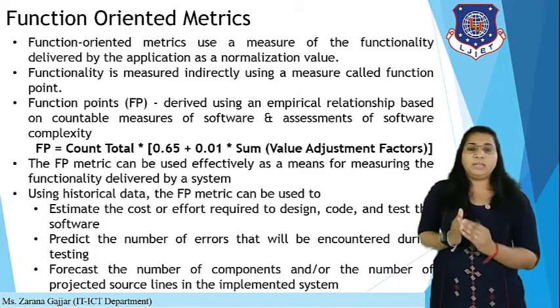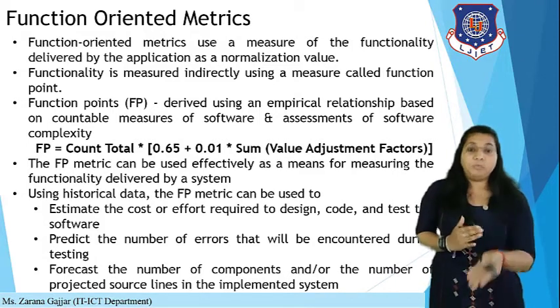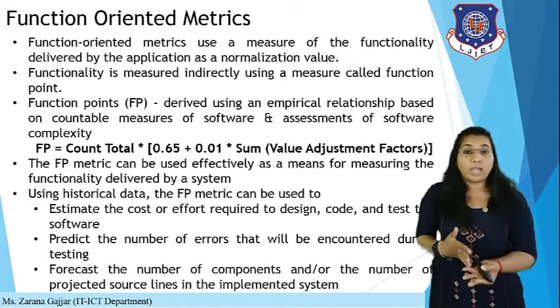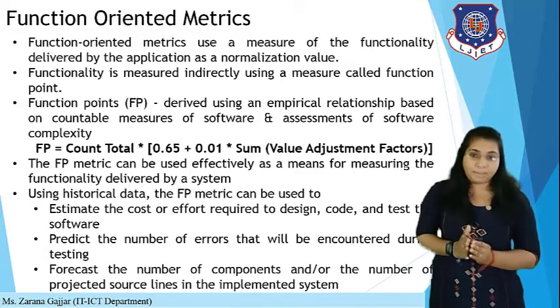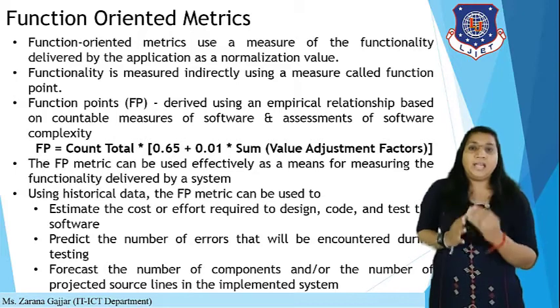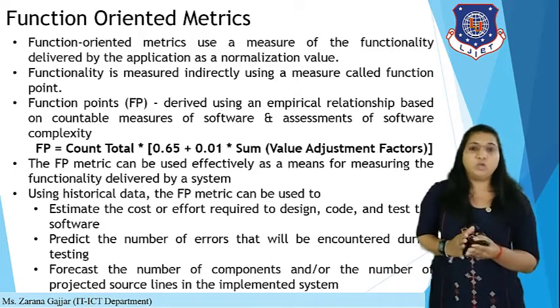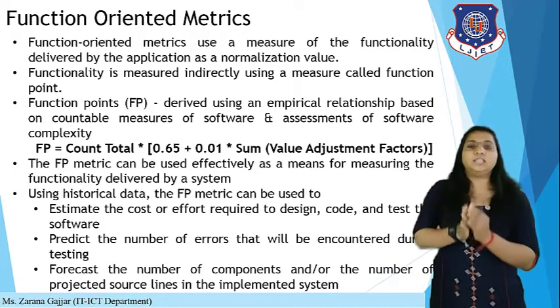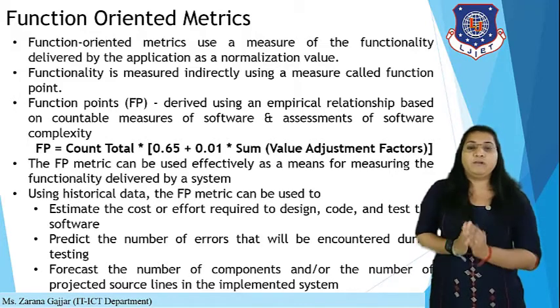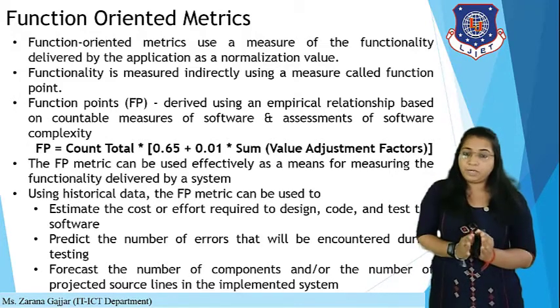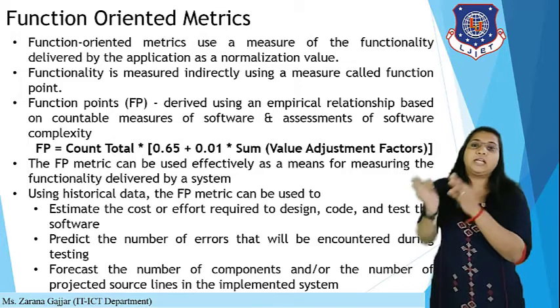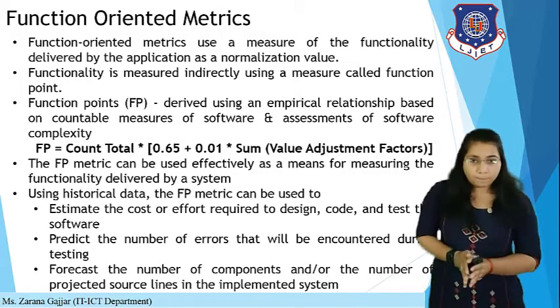Countable measures are like: what are the inputs, what are the outputs, what are the inquiries. These are some measures of software and assessment of software complexity. So you are calculating the actual size by defining the complexity of that particular project and the countable measures.